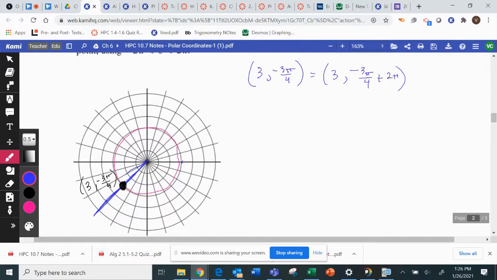I'm not going to get carried away and crazy. I'm just going to add 2 pi. So that would be 3 comma what? 5 pi over 4. Now let's just go to the graph and make sure that makes sense. If I'm at 3 and I go 5 pi over 4, that's positive. So, yep, that makes sense to go 5 pi over 4 to get there.